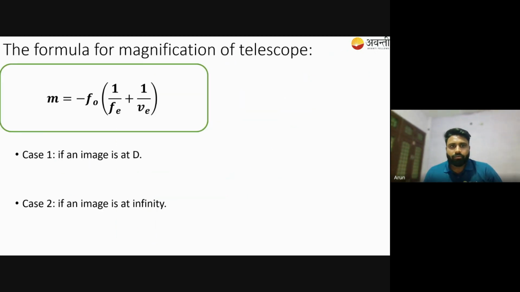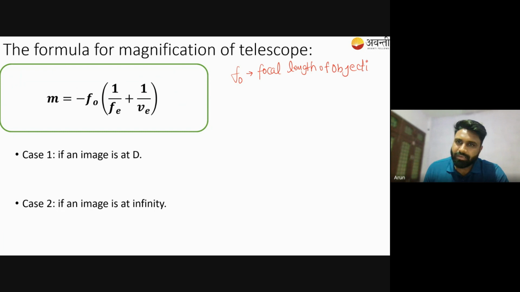Now the formula for this is very simple. It is m equals minus Fo upon Fe, times something. Fo here is the focal length of the objective lens. I am writing it only as objective.